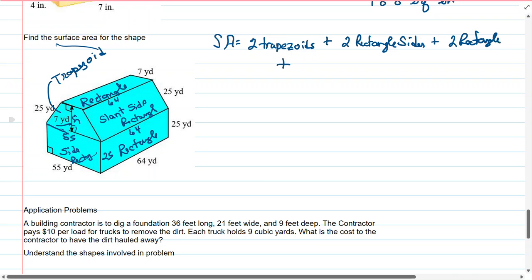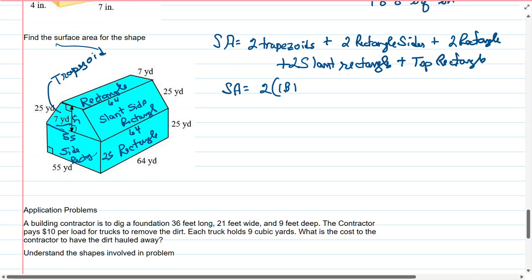So we're going to do the trapezoid. 2 times a half times the base is 55 and the little base is 7, sorry, can't see, and the height is 7. So I got that. And then I'm going to have the width times the height.